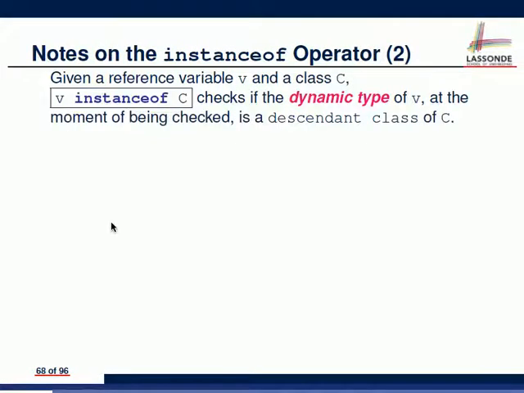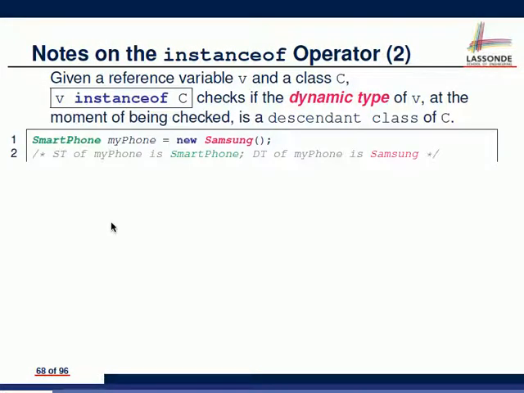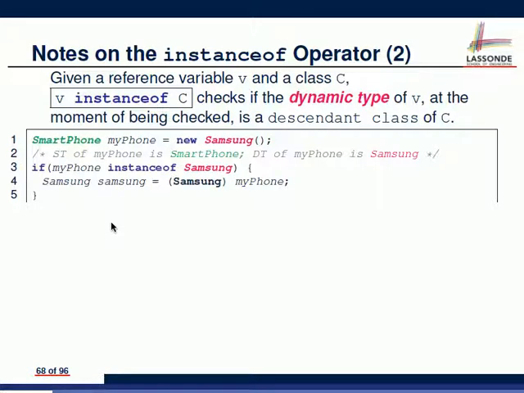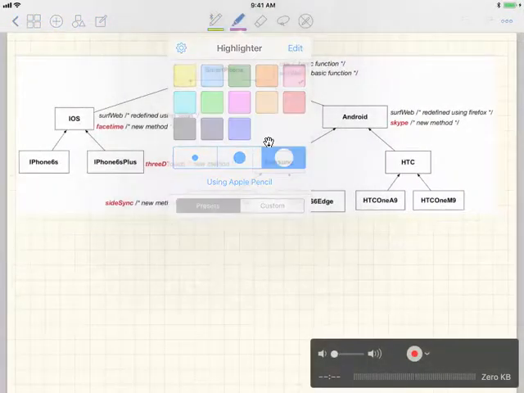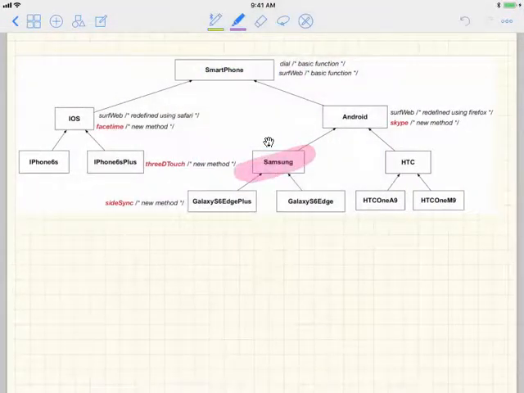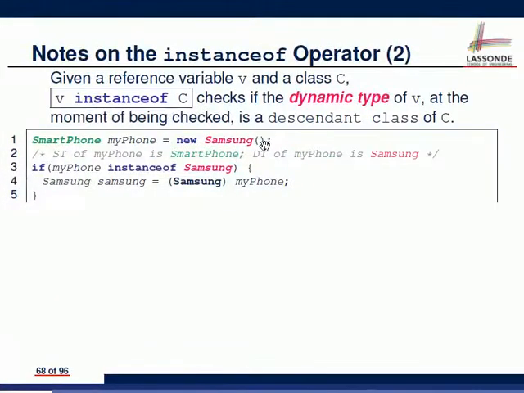Okay, very good. And now, this slide here you can also go over. This one simply shows you a slightly different example. You can see now the dynamic type is Samsung over here. Now, let's say I want to cast my phone into Samsung.